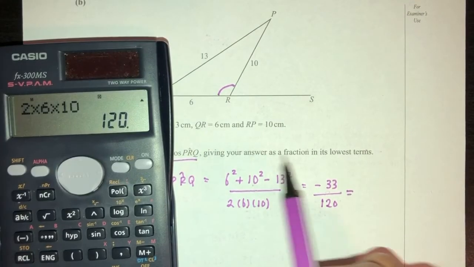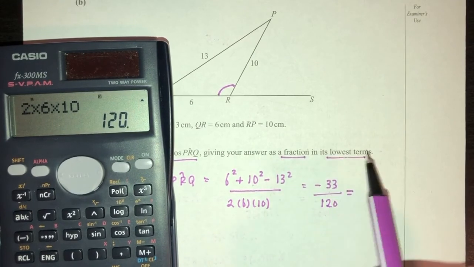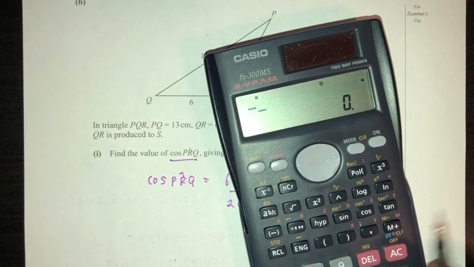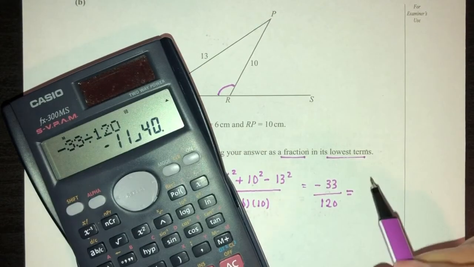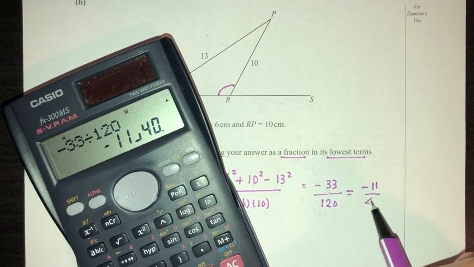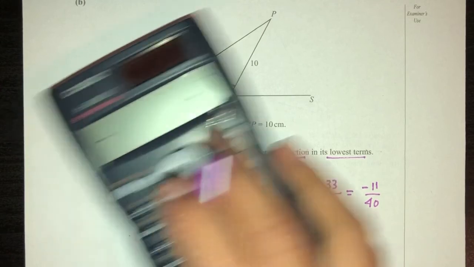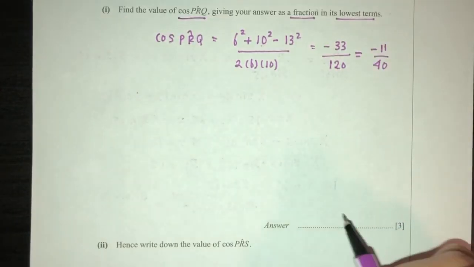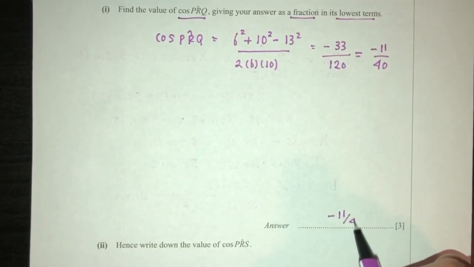Now we have to express as a fraction in its lowest term. That will be minus 33 divided by 120, that will be minus 11 over 40. So that will be your answer for part 1, which is minus 11 over 40.